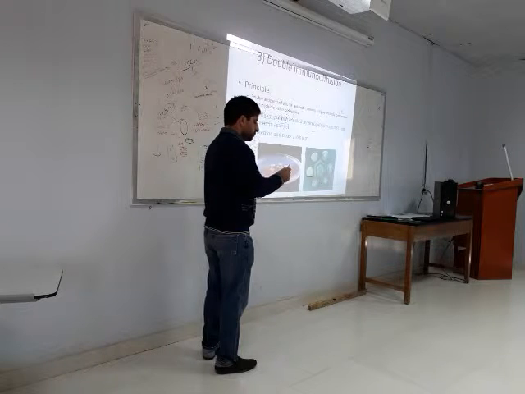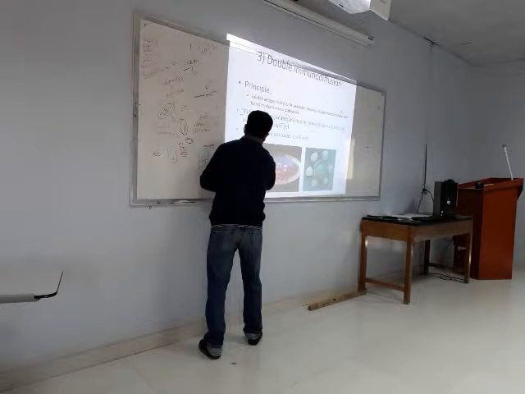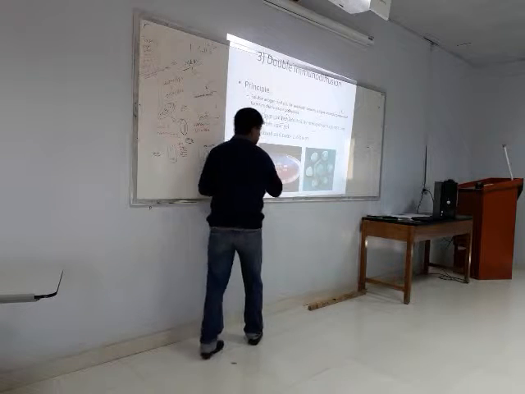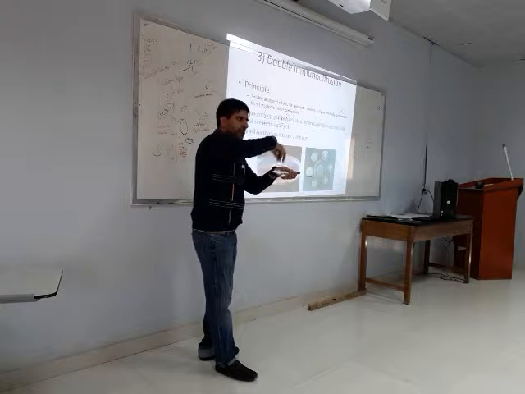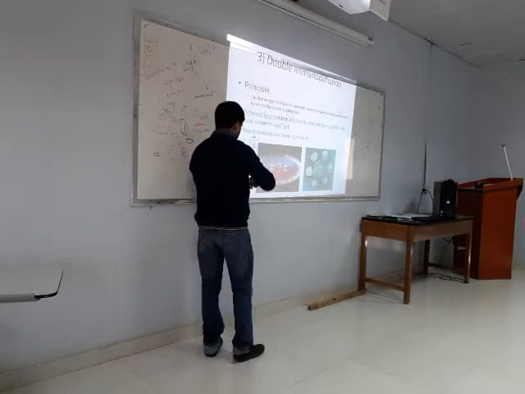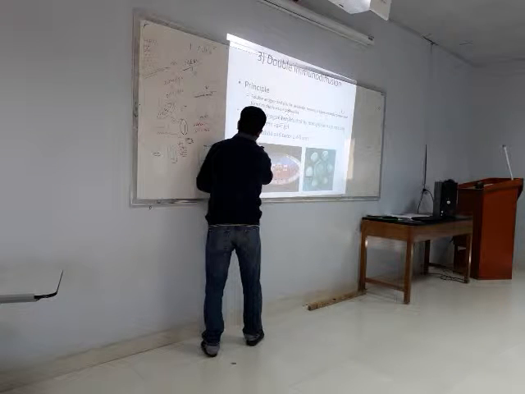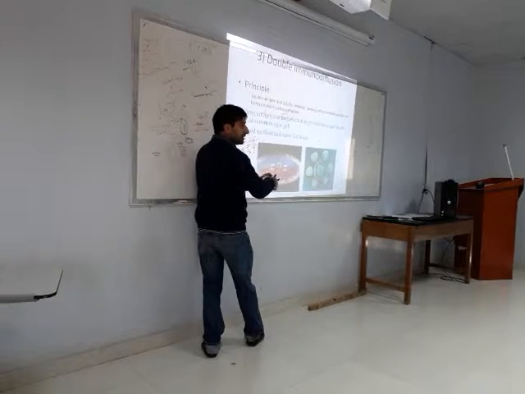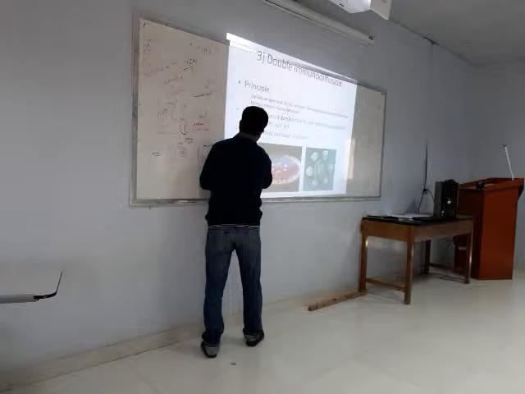And what we do, we make the wells. The agar is in the plate and we make wells, cavities in a circle. Here and here, we add antigen, okay? And in the center, we put antibody.